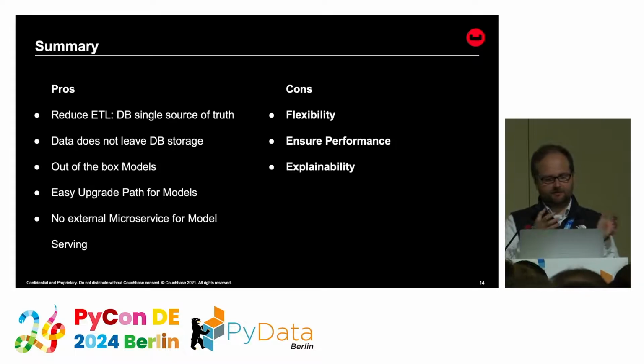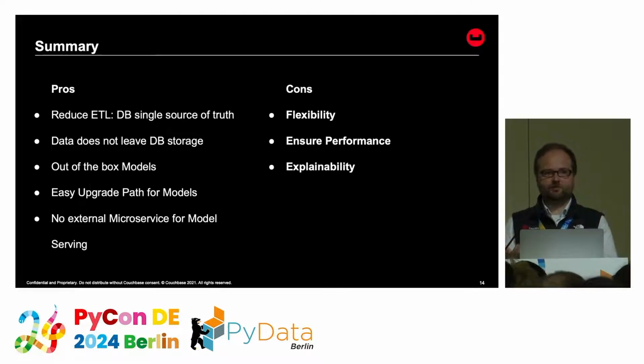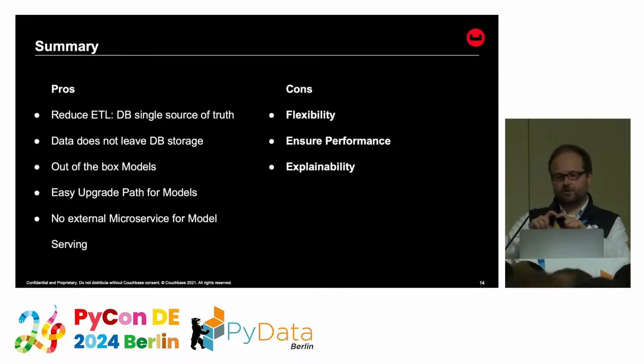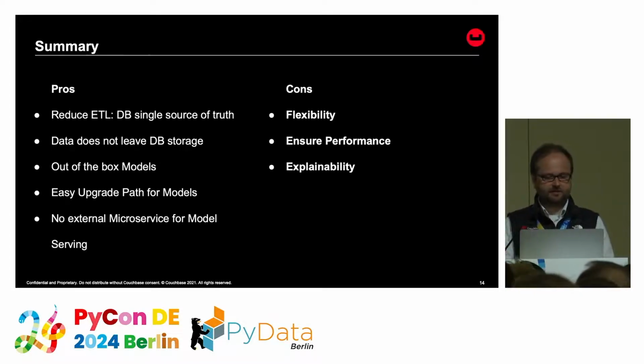If you think about it, if you cannot do workload isolation, the microservices, the API from the actual data processing, if that's all within the same, then it could be that the performance is not that great, especially for the pluggable ML stuff. So that can actually reduce your performance and you cannot scale. Also explainability, so if it makes sense for you, depends. If you do the pre-built models and apply it on the data, it might not be the best fit for your data. Depends. You need to play around and figure it out yourself.